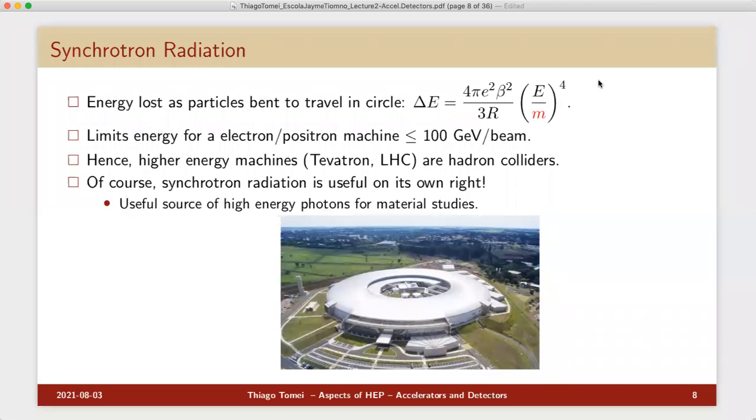And 100 GeV was good enough for the Large Electron-Positron collider, LEP, that ran in the 90s at CERN. But for higher energy machines like the Tevatron and the LHC, you simply cannot get there, at least not with the technology we have now. So these are hadron colliders, essentially proton or proton-antiproton colliders.